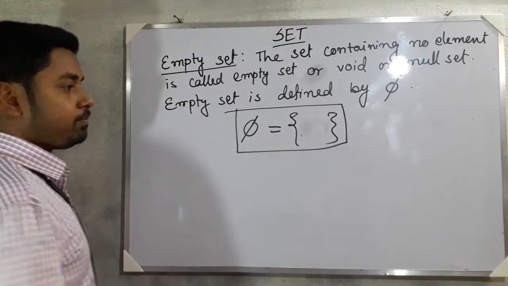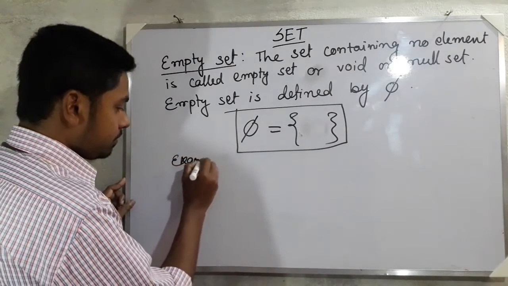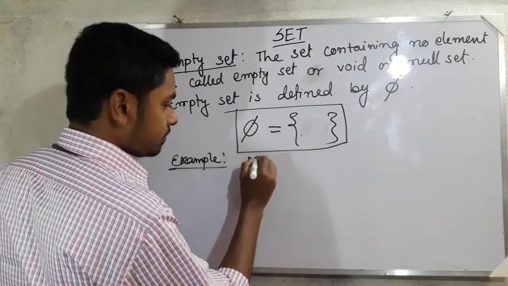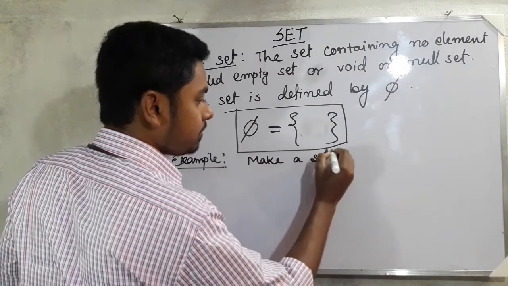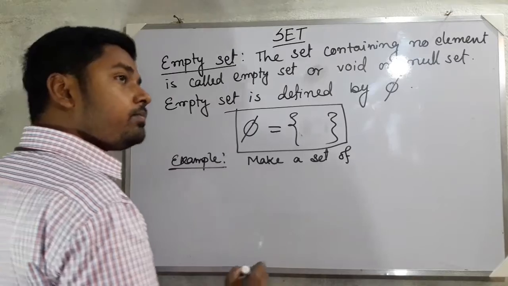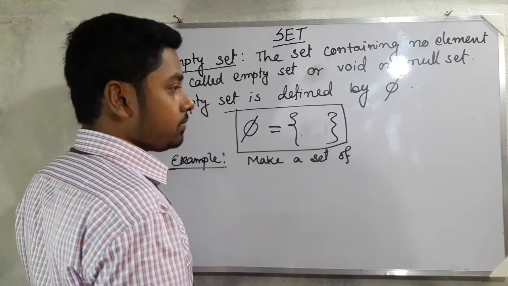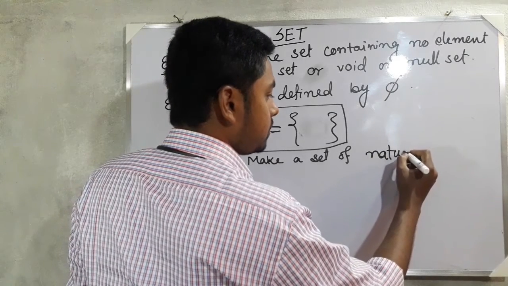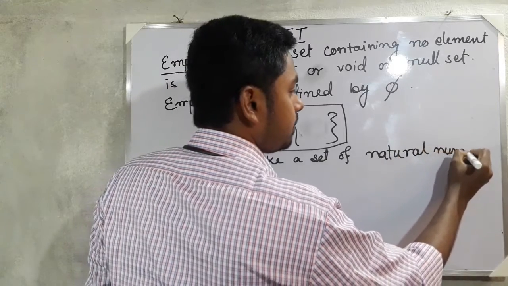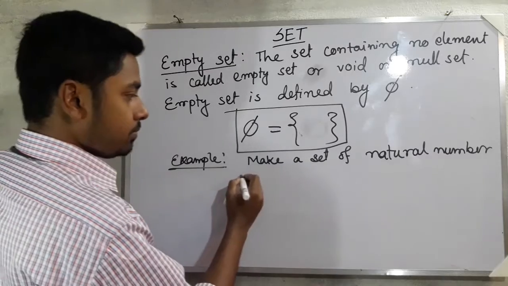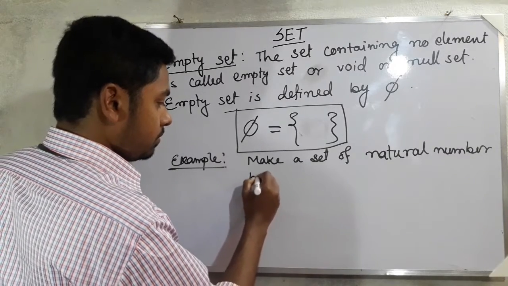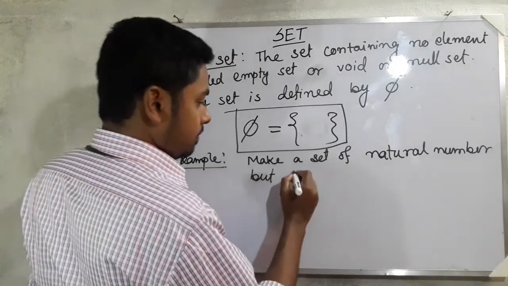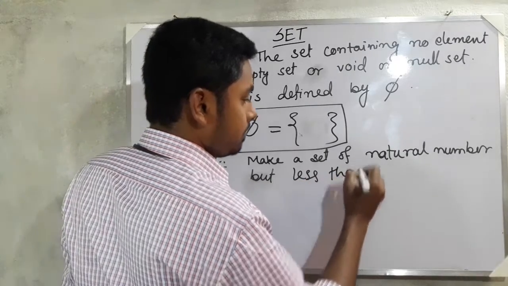Now a proper example. Suppose we make a set of natural numbers but less than 1.